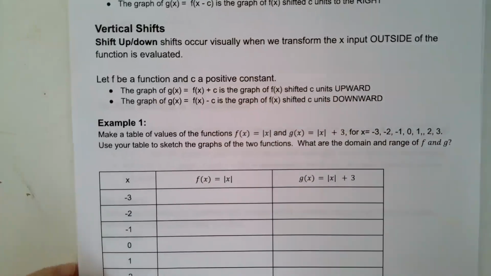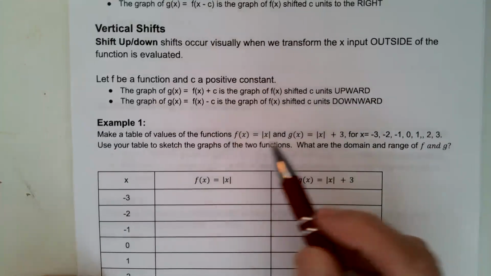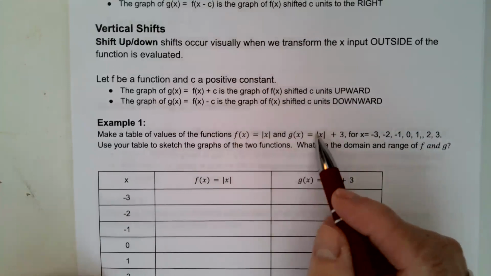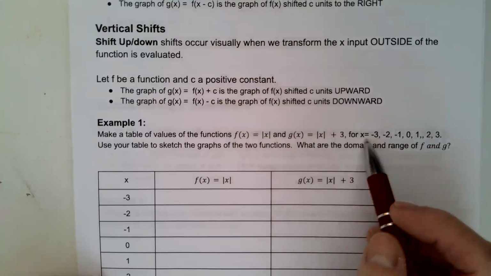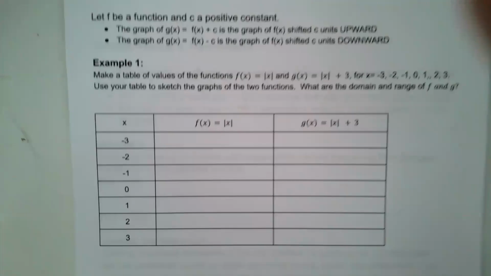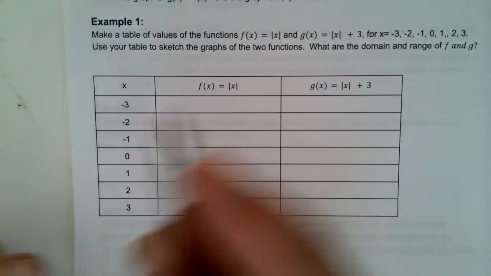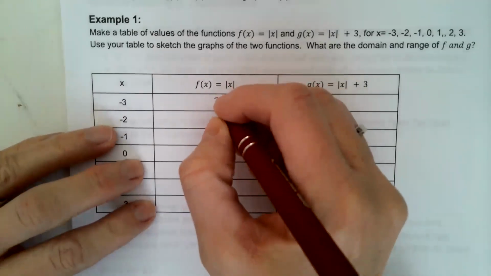The first example says, let's look at the function of the absolute value of x, and then transform it by adding 3 to it. I have these inputs of -3 to 3 here on the table. If we put in -3 into the absolute value, we get 3.